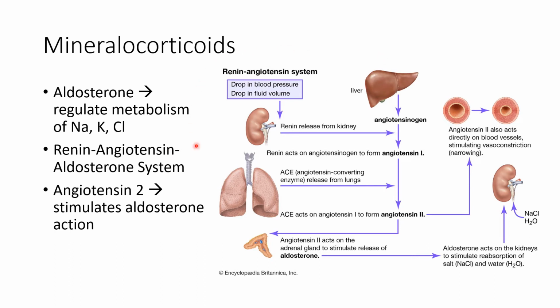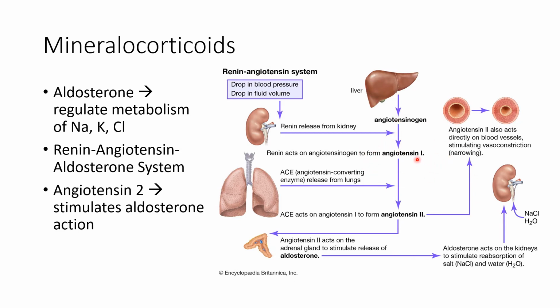So how does this system work? When there is a drop in blood pressure or a drop in blood volume, so low blood pressure and low blood volume, renin is released from your kidney. This renin will act on your angiotensinogen, which is a precursor to angiotensin, to form angiotensin 1.